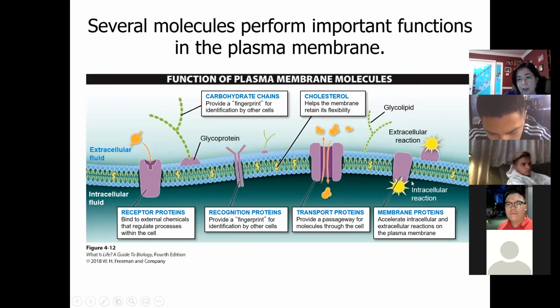Membrane proteins can also anchor the membrane to certain structures, or they can conduct chemical reactions if they're enzymes. You can find carbohydrate chains, also molecules used for identification and communication. So proteins can be receptors, used for recognition, transportation, and enzymes.